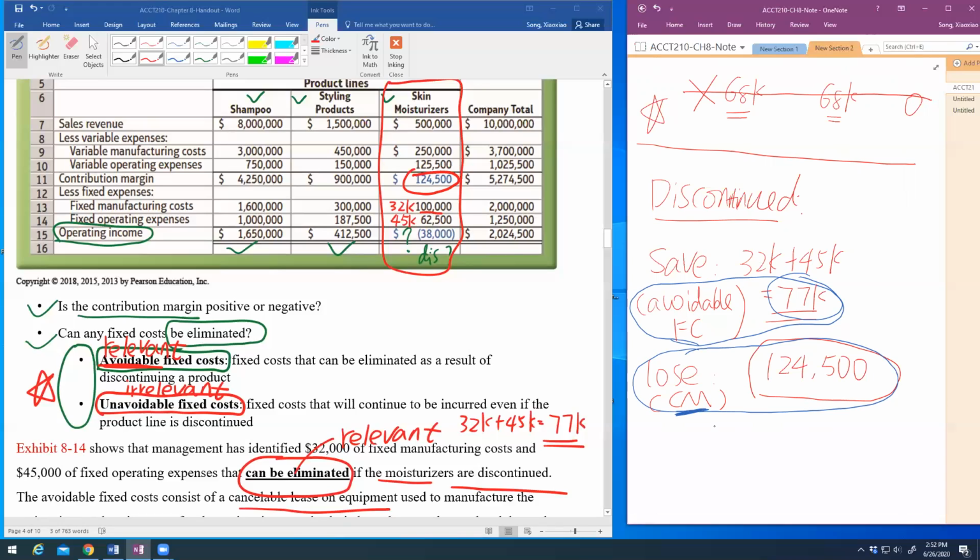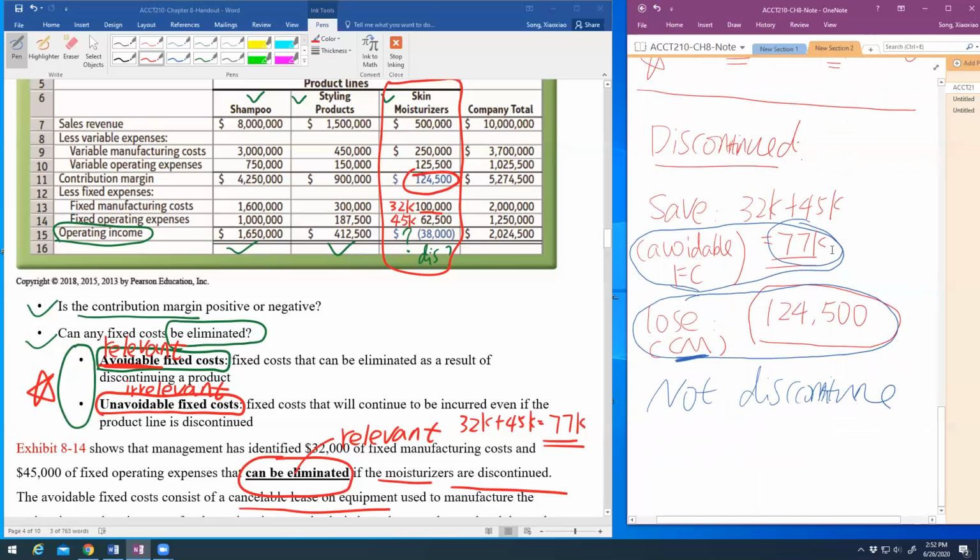Yes or no? We should not discontinue, right? Why? Because we only save 77,000, but we lose 124,500.